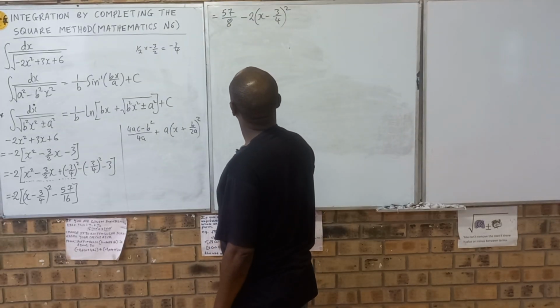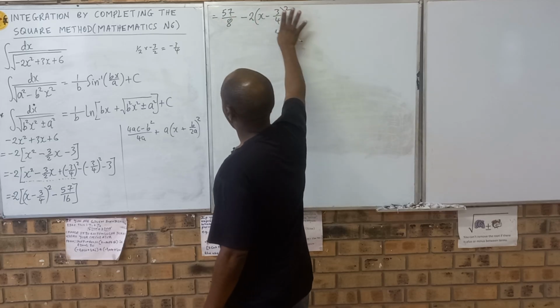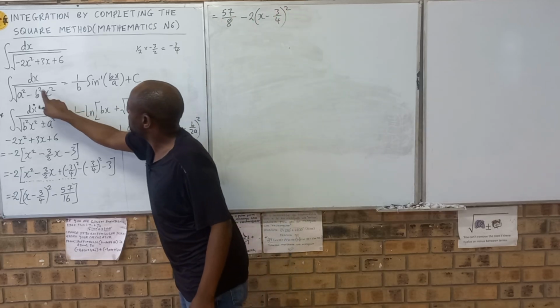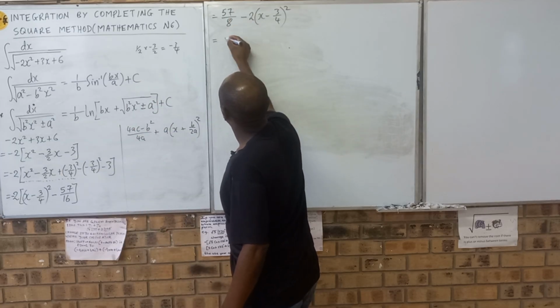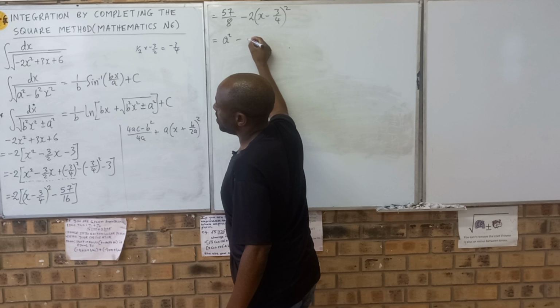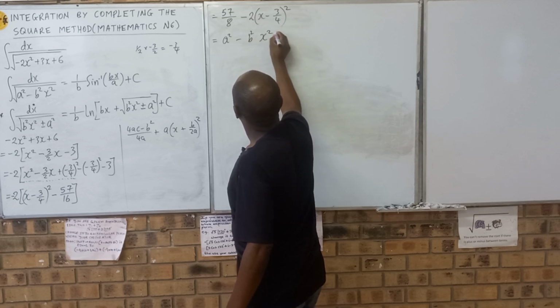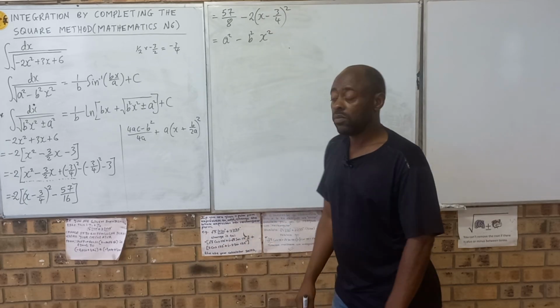So that is it. Now that we've arrived here, and this looks like a perfect match for this one, it therefore means that we are matching this term to a squared, followed by a negative sign, matching 2 to b squared, and x will be replacing x minus 3 over 4.